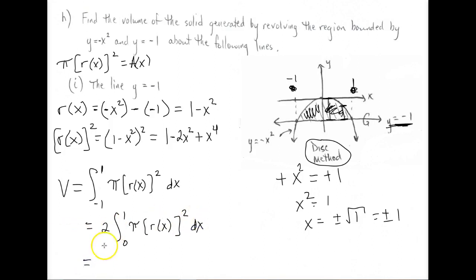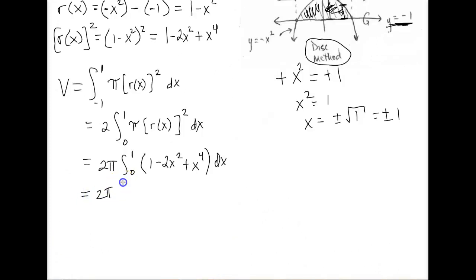Looking at it that way, that's just 2 pi times the integral from 0 to 1, and in place of r of x quantity squared, we would write 1 minus 2x squared plus x to the fourth dx. From here, we'll just integrate this function by taking the antiderivative of each term and then evaluating from 0 to 1.